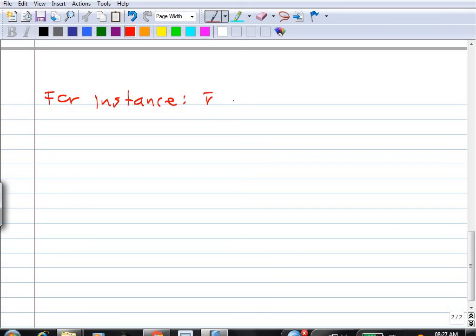We can get, say, r of 1 is equal to r of 2, and you've got different derivatives, and both are non-zero. So what happens in this kind of situation? Well, the curve passes through the point P twice.